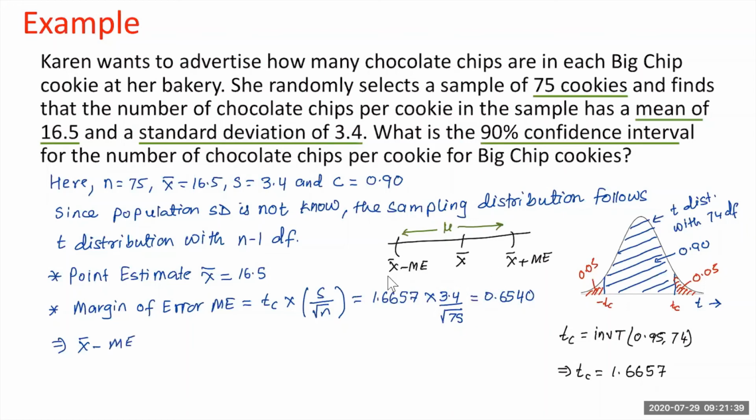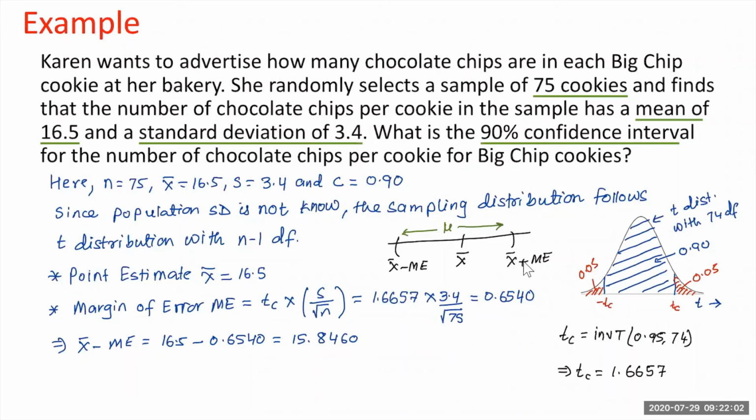Your mean is 16.5 minus the margin of error 0.6540. If we perform this calculation, we should get 15.8460. So that is the left boundary of the interval.